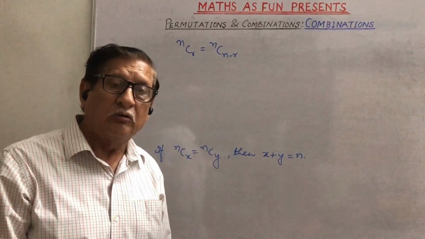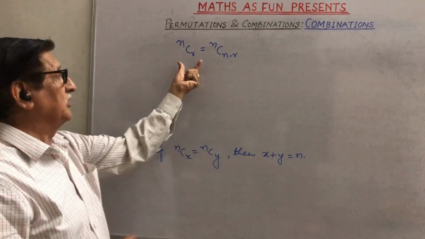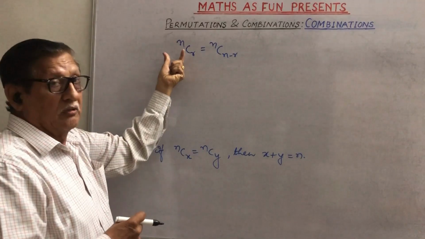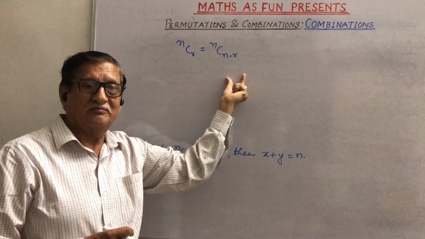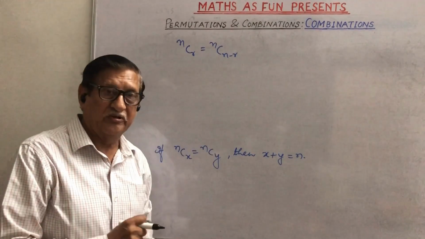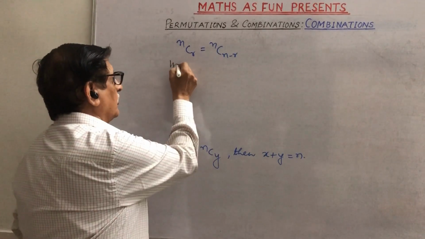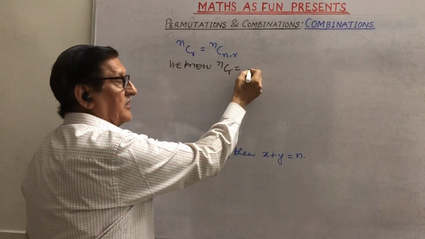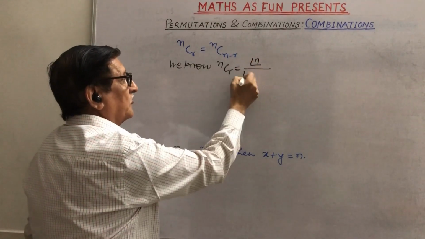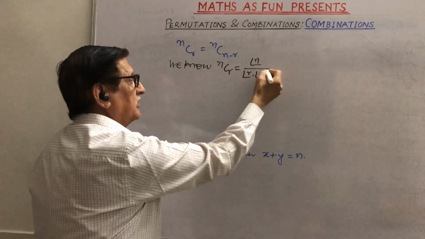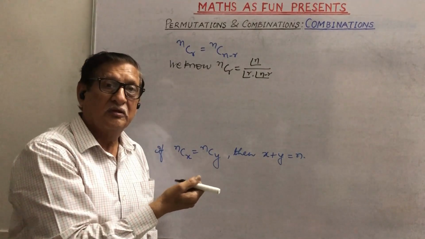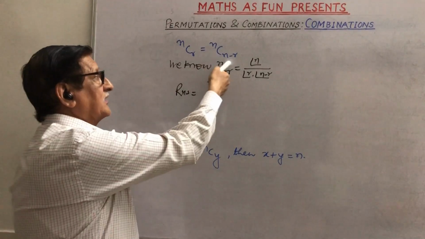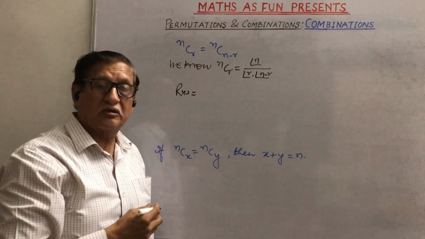We can learn now one of the properties of the formula nCr. This is equal to nC(n minus r). How to prove it? We know that nCr is same as factorial n upon factorial r into factorial n minus r. Just now we have learnt. If we go to the right hand side, here we find that r is same as n minus r.